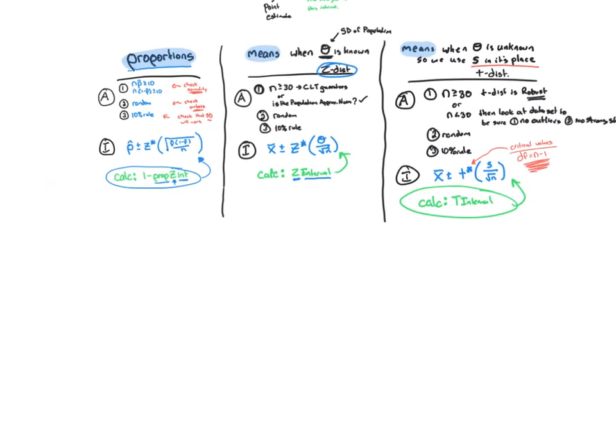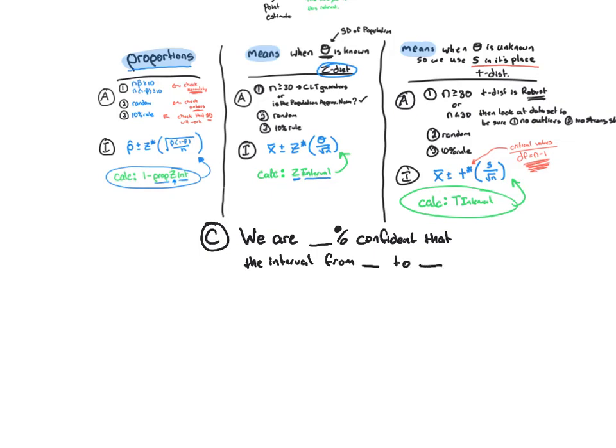And then let's just go ahead and do a nice strong conclusion. It's going to say we are blank % confident that the interval from blank to blank captures the true, and then I am just going to put this, the true parameter.